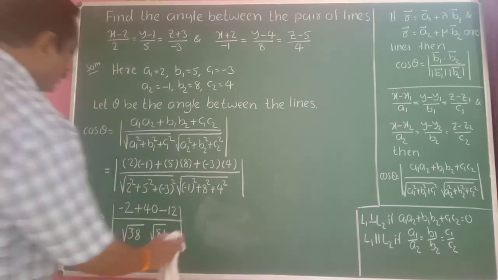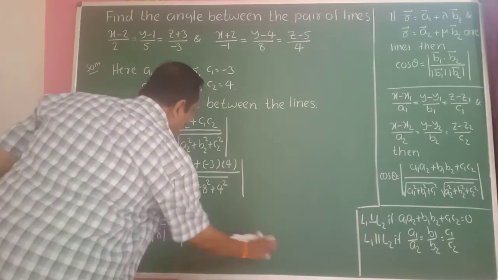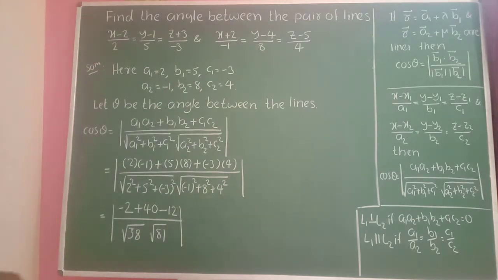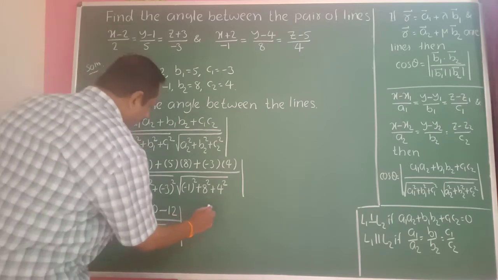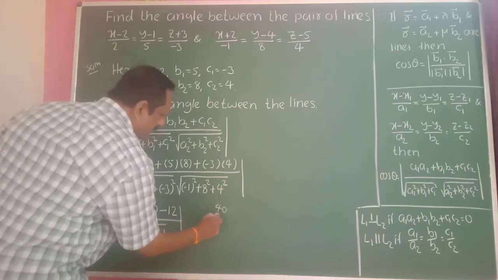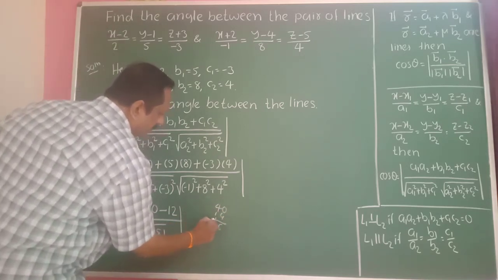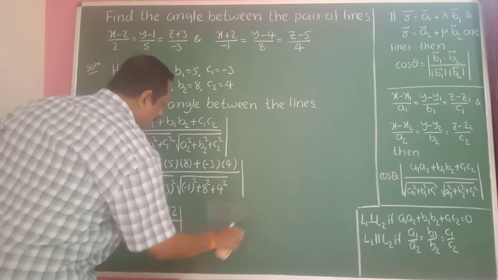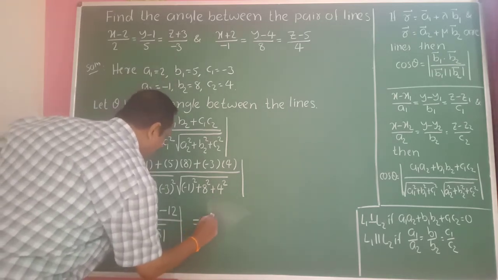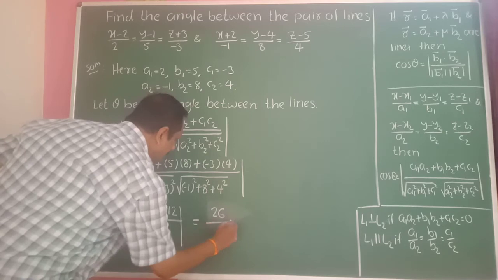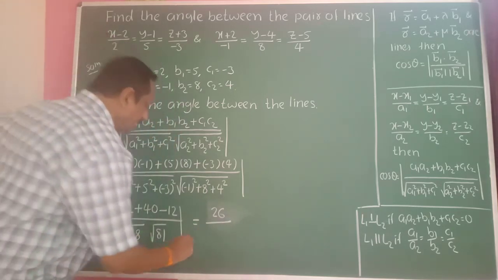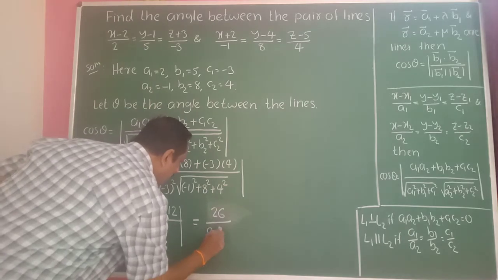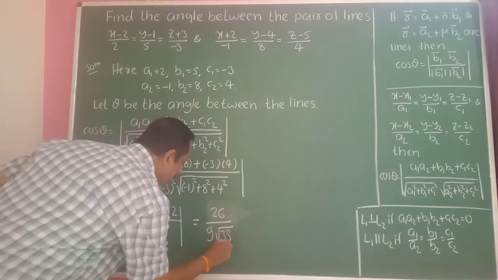Okay. Then in the numerator, minus 2, minus 12, minus 14. So 40 minus 14, 26 here. Therefore, in the numerator it is 26, divided by 9 into root of 38.